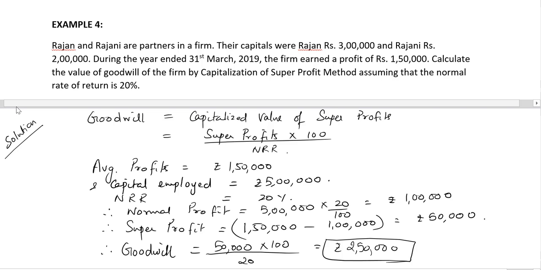So the goodwill value in this sum based on capitalization of super profits method is rupees 2,50,000.